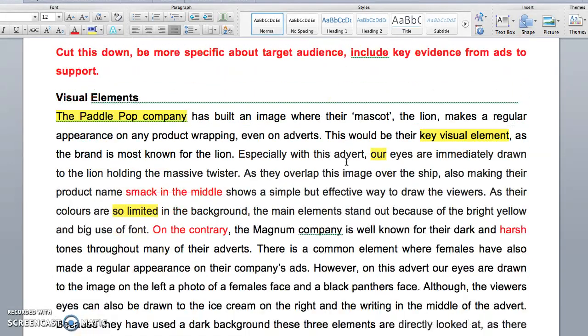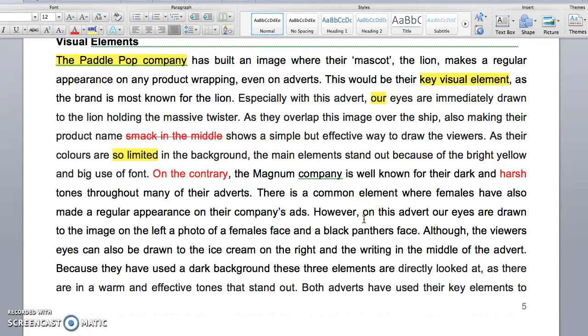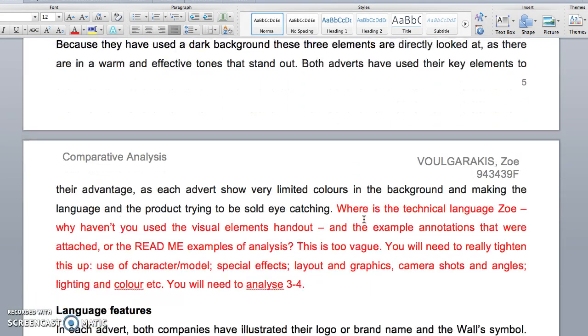Now, visual elements. Zoe, this whole section is just much too general. You really needed, and you need now, to go back to that Elements of Visual Language handout that I gave you, because you're not using the technical language of advertising, Zoe.